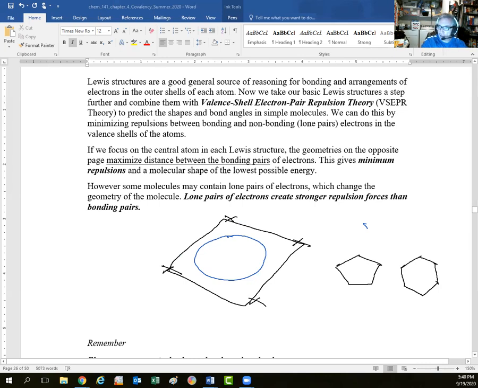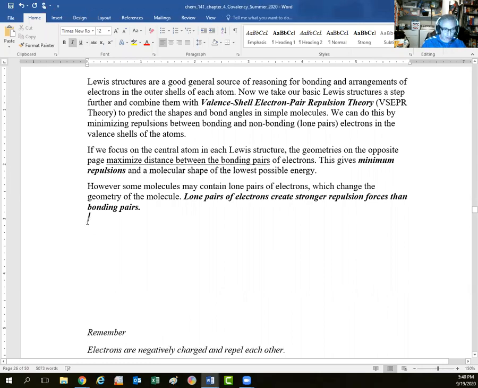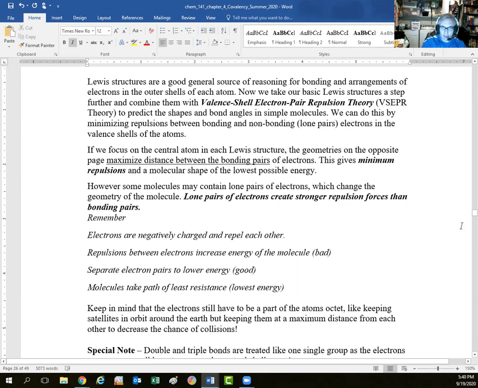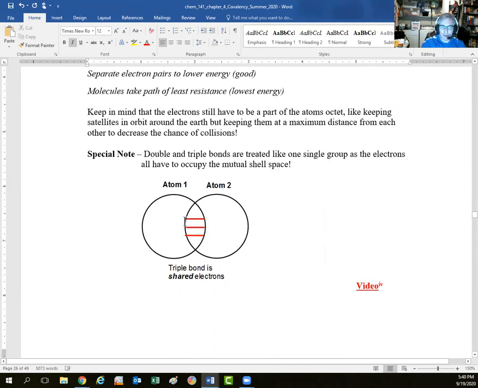The only thing to keep in mind is that when we're drawing these Lewis structures with these shapes, if we've got a double bond or a triple bond, treat that double or triple bond like a single group of electrons, because they've got to be shared in that mutual space. So we treat them like one single entity.